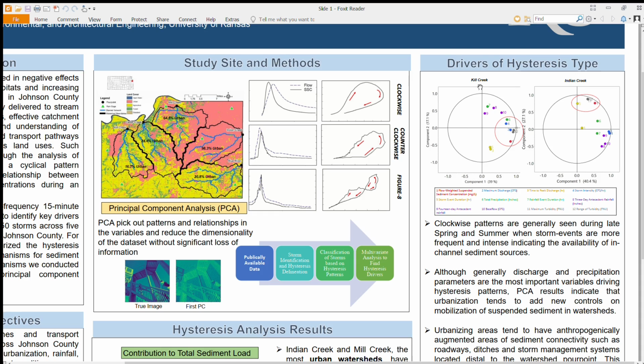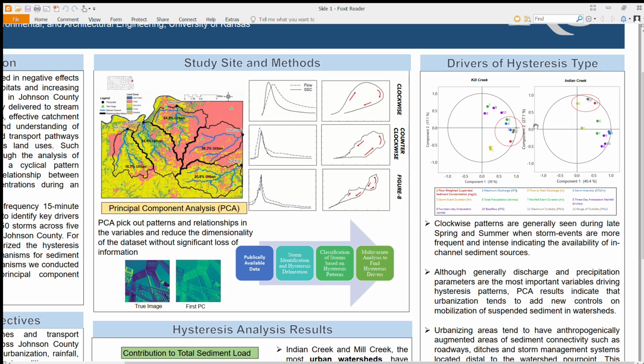So for example, for Kill Creek, we can see that sediment concentration is highly correlated with maximum discharge and storm intensity, indicating that whenever we have higher maximum discharge or storm intensity, we will also have higher sediment concentration in our streams.